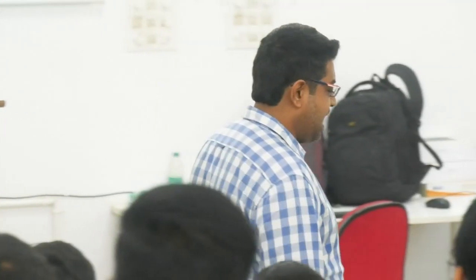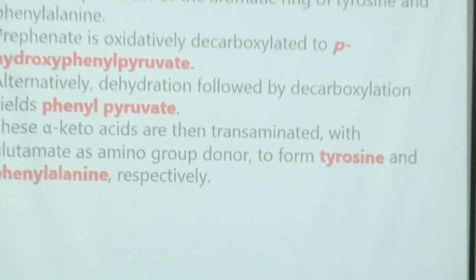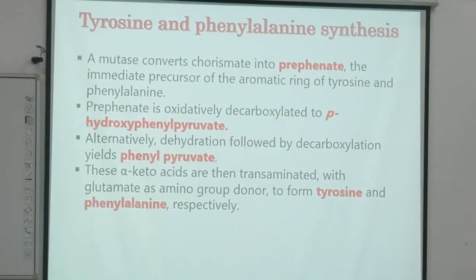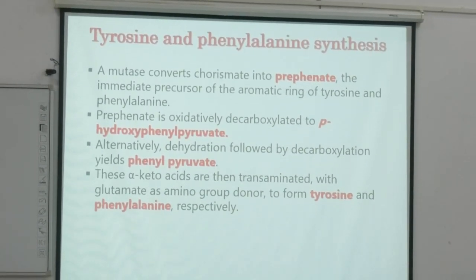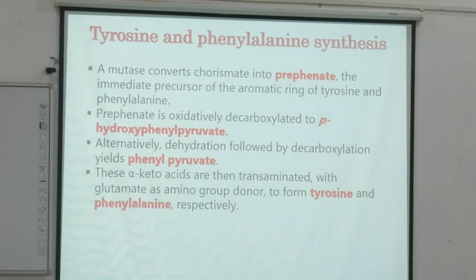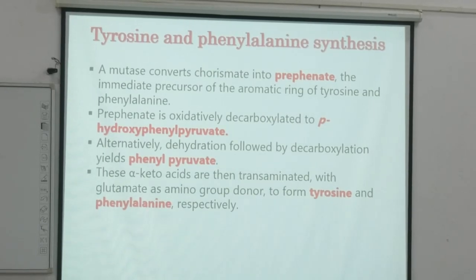Then both of them are decarboxylated to yield phenyl pyruvate. Then this phenyl pyruvate is again transaminated to form phenylalanine or tyrosine.